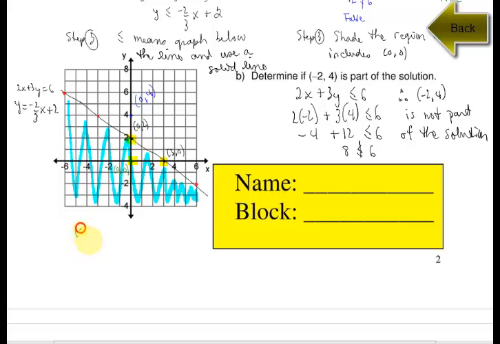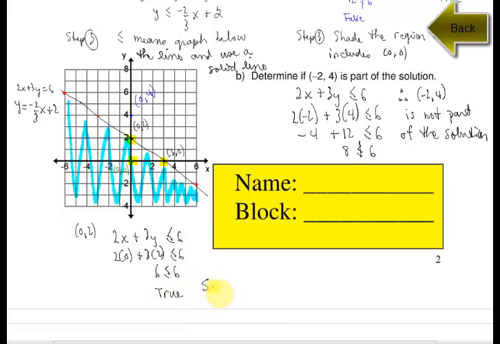So let's check with 0 and 2. Plug that into our inequality and see if it's true. So we're going to go 2 times 0 plus 3 times 2 is less than or equal to 6. So we get 6 is less than or equal to 6. Now, even though 6 is not less than 6, 6 is equal to 6. So we say this is true.